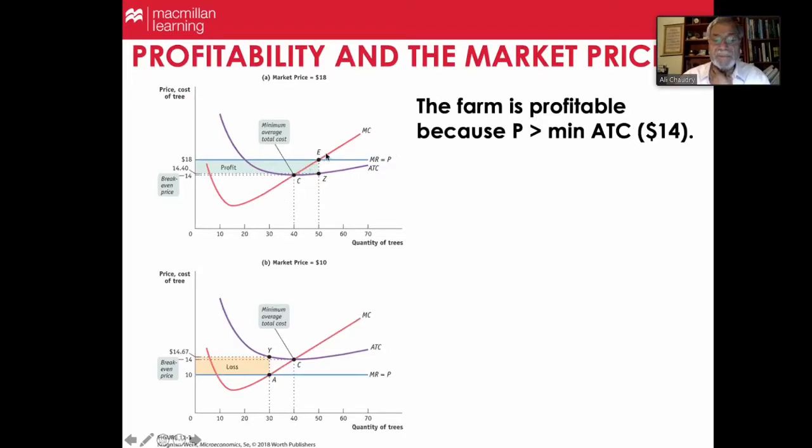And we see the same picture: average cost falling in the beginning, reaching its minimum, and then beginning to rise slowly. The marginal cost curve is also falling initially, rising, intersecting the average total cost curve at this minimum point, and then rising above it. So if the price is higher than the average total cost, right?